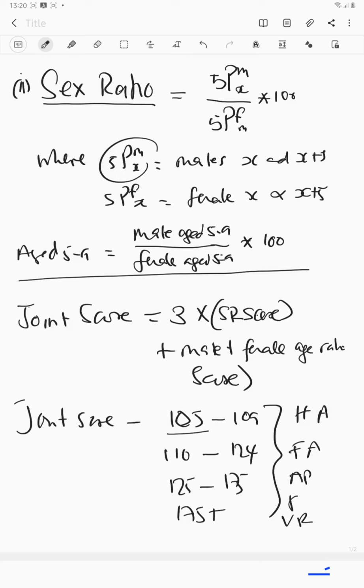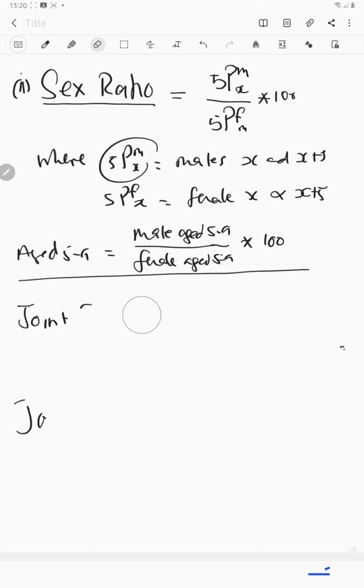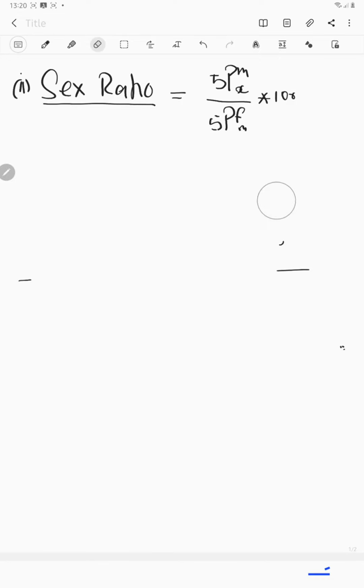The other ratios which are used are called the Myers index and the Whipple's index. These are two important tools that are used.